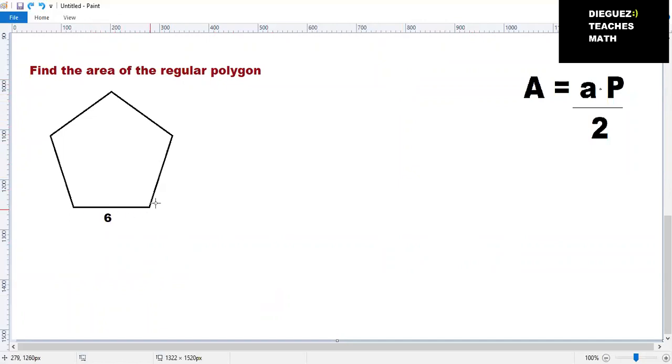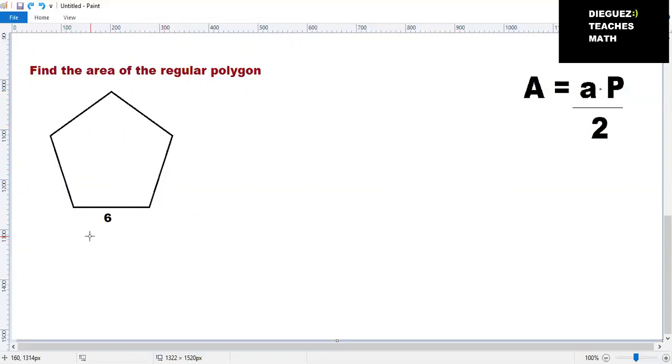The perimeter is just all around. Since it's a regular polygon, if this is 6, that's 6, 6, 6, and 6, which if I add all of those together, gives me the perimeter, which is 30. Or I can just say, hey, 6 times 5, because there's 5 sides, 6 times 5 is 30, right?